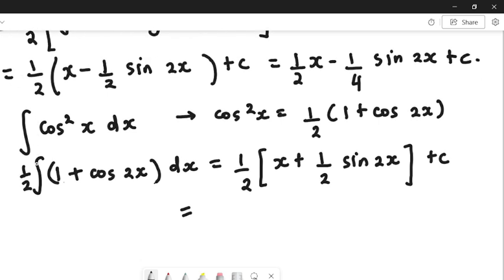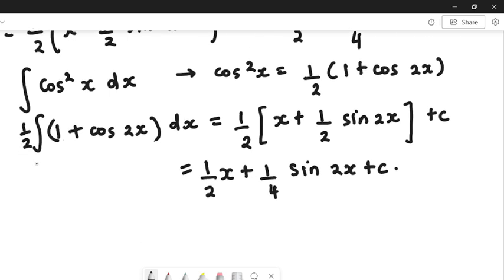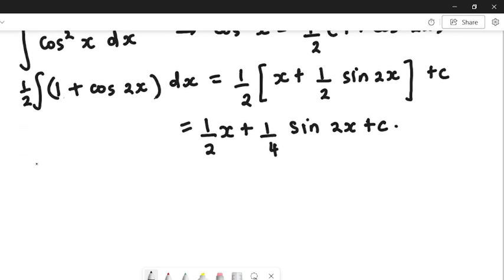So you're going to expand and get a half x plus a quarter sine 2x plus c. And now that's it. For tan, the same thing happens. You make the substitution for tan squared, which is secant squared minus 1.